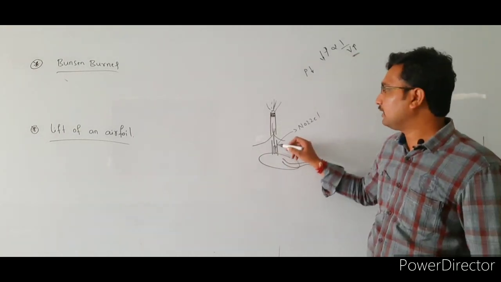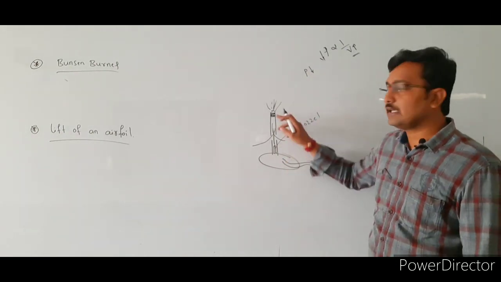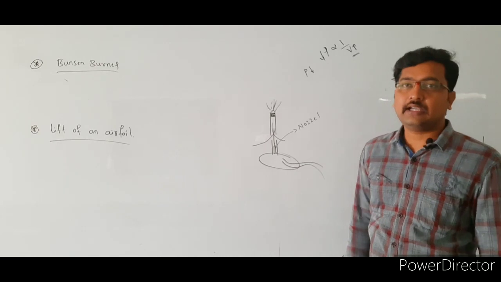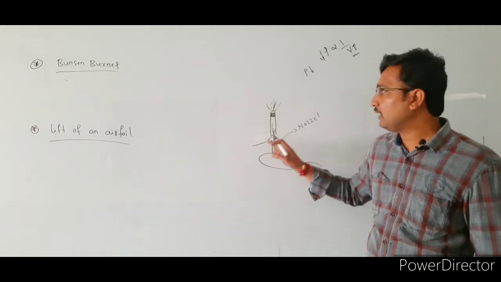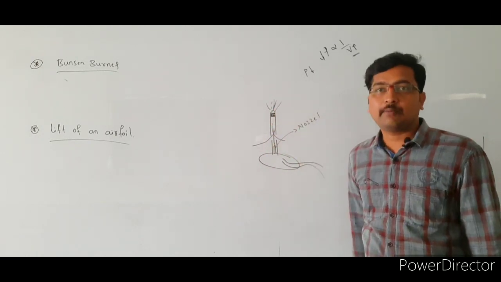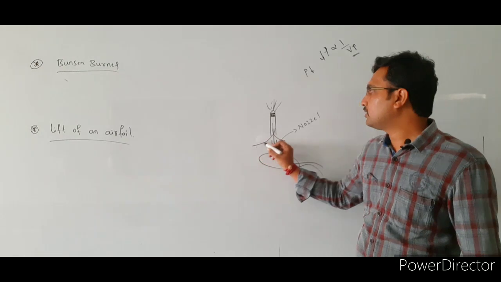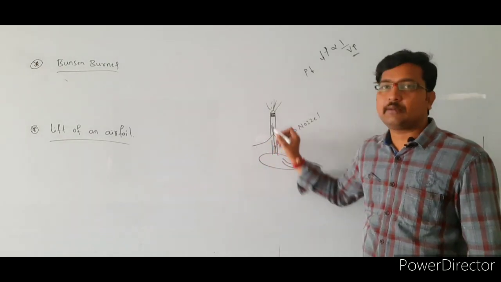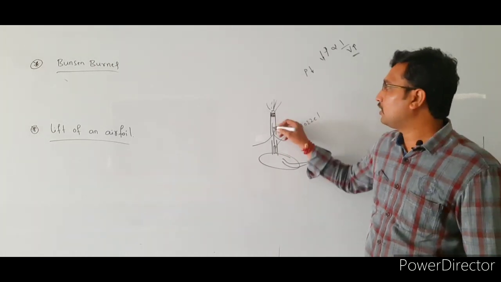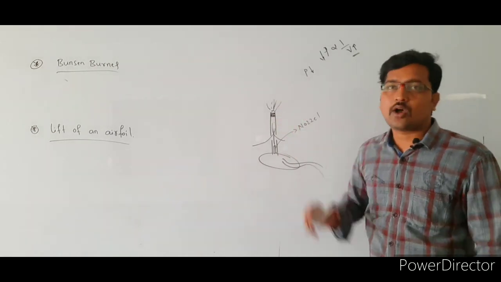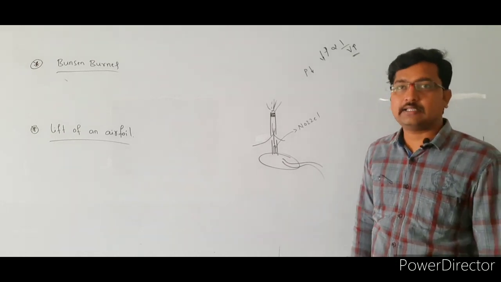Here the velocity of the gas is more inside the vertical pipe, so the pressure inside the vertical pipe is decreased. The atmospheric pressure is more compared to the pressure inside the pipe, so the air rushes into the vertical pipe through the side holes of the Bunsen burner. The mixture of these two burns at the top of the burner. So this is the application of Bernoulli's principle.